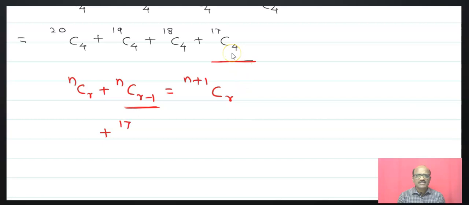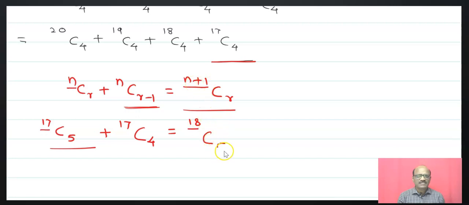By using this, 17C4 plus 17C5 is 17 plus 1, that is 18C5.